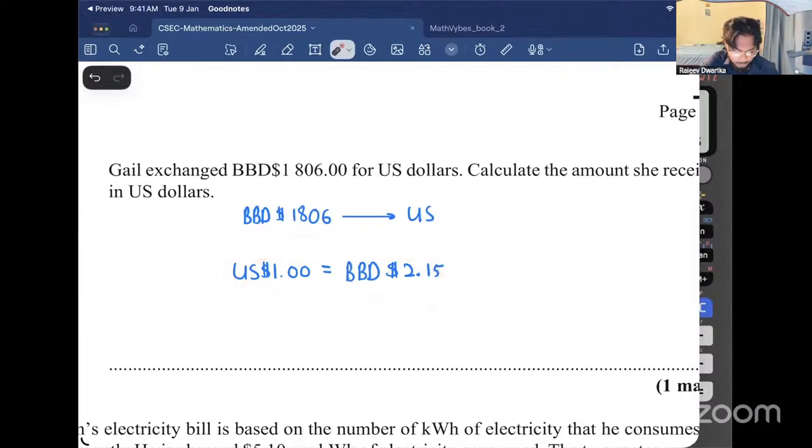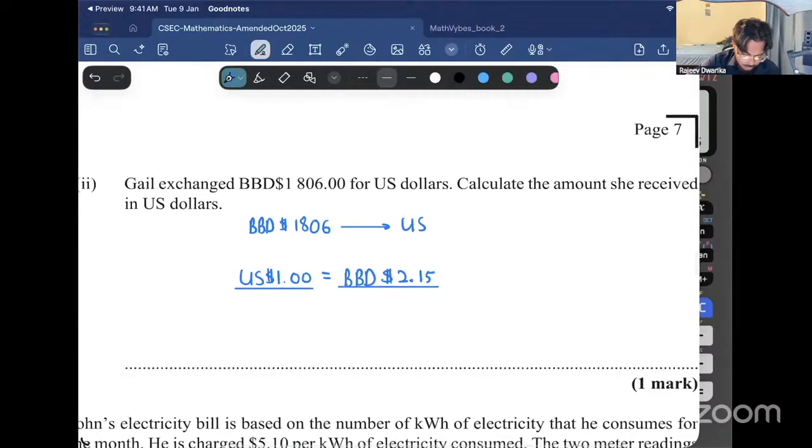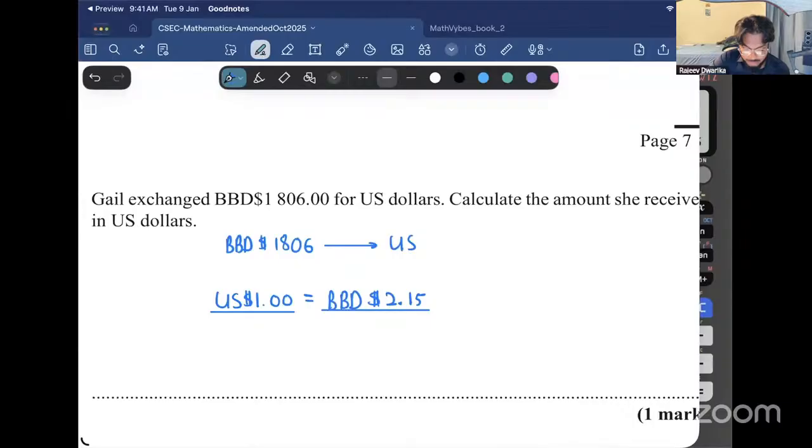So you divide the 1806 by 2.15. That's actually correct, and you'll get the answer immediately.